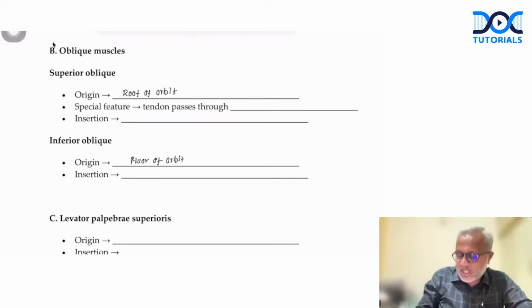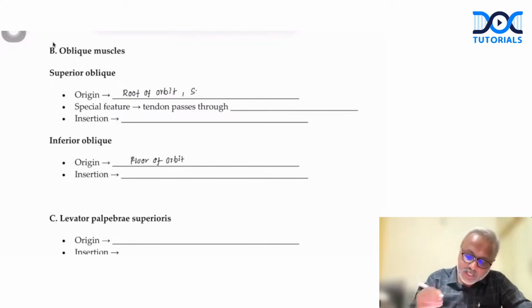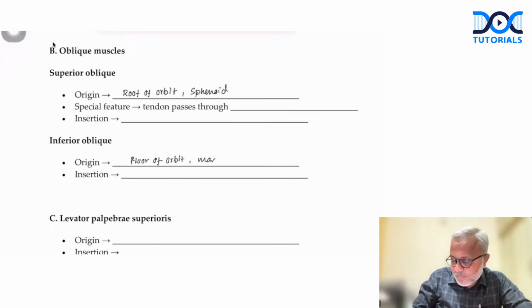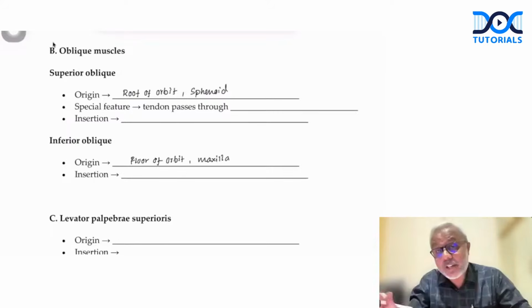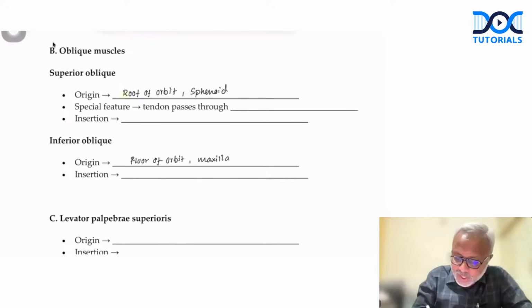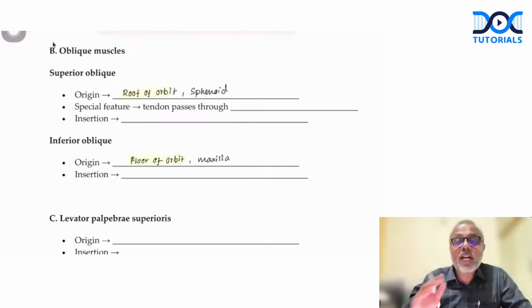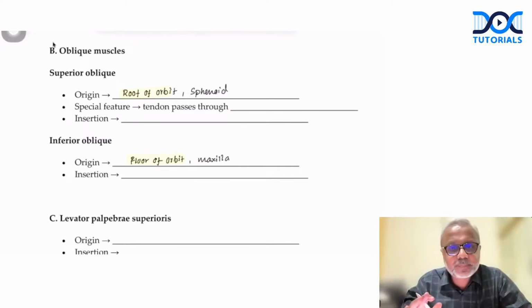If you can write this, nothing like it. Or otherwise, you can specify that this takes its origin from the sphenoid and this takes its origin from the maxilla, orbital plate. Even if you can't remember it specifically, at least mention one arises from the roof and the other arises from the floor.